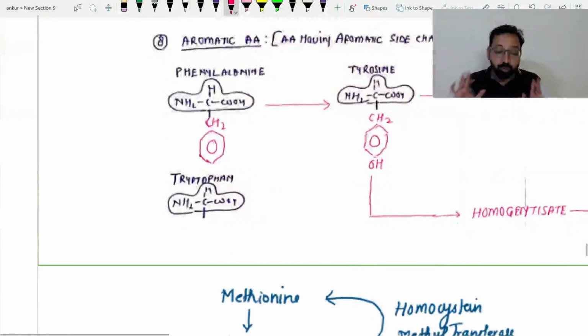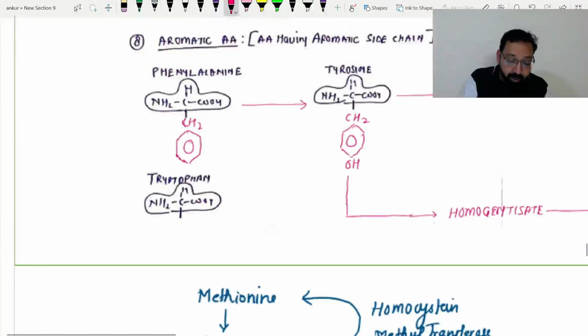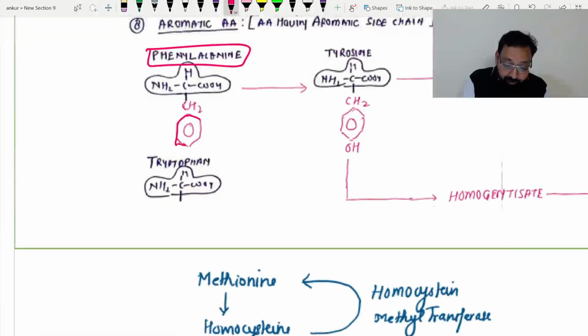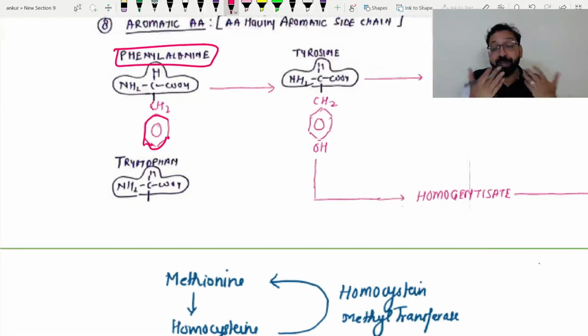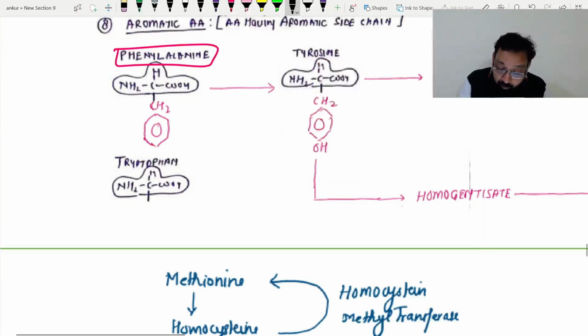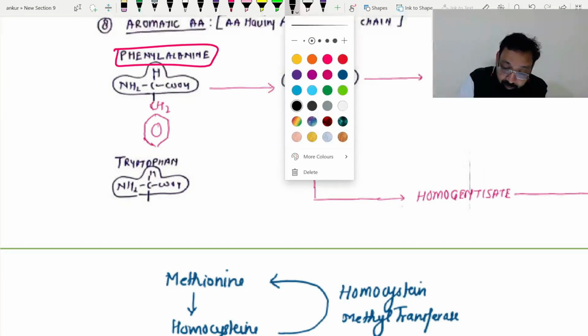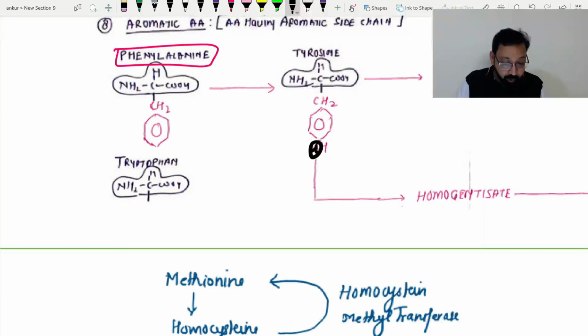Aromatic amino acid, you all know, phenylalanine. If you hydroxylate it, joining an OH group to phenylalanine, it becomes tyrosine. I usually say the O looks like a tire. So it becomes tyrosine by phenylalanine hydroxylase.